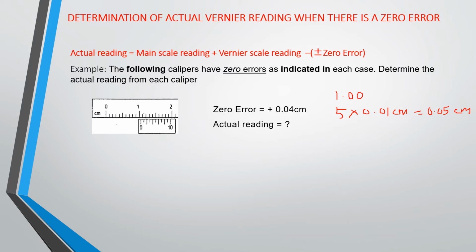Okay, so now you add these two readings together. So you have 1.05 centimeters as your reading.